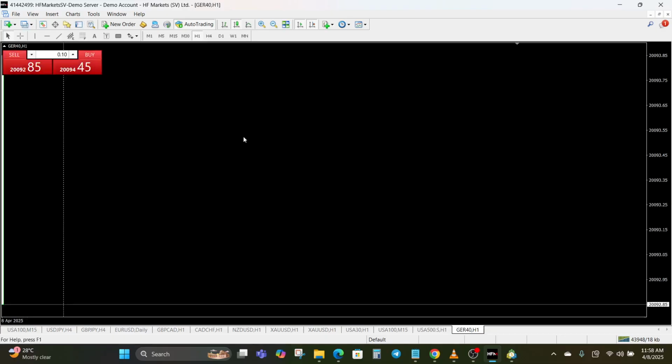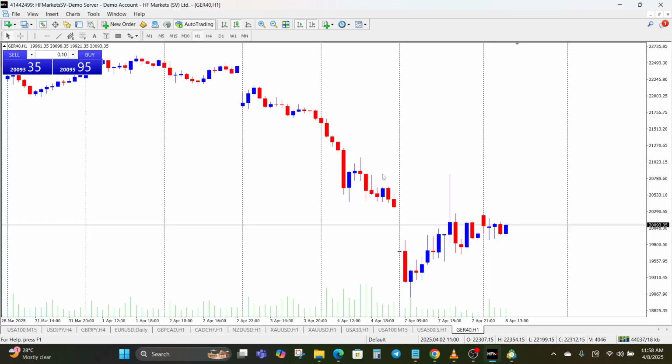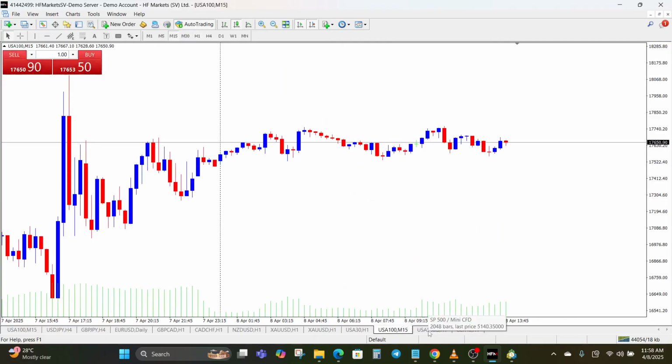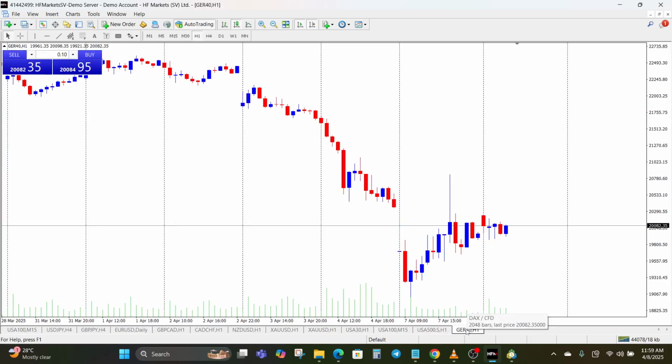Yes, so this is another popular one, the GER 40. So these are some of the most traded indices: the NASDAQ 100, the Dow Jones or US 30, the S&P 500, and the GER 30.